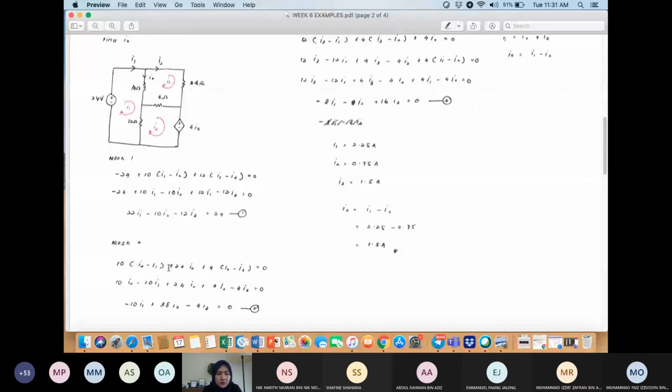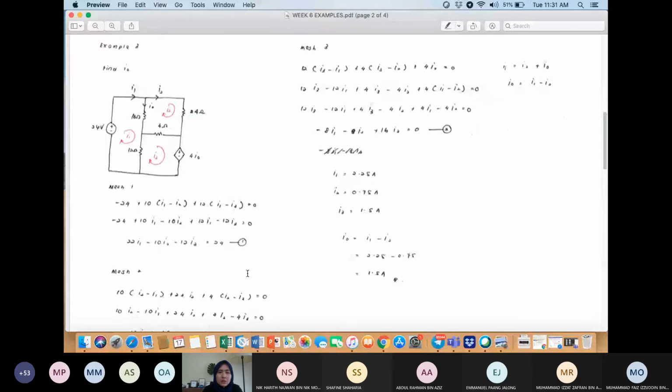Simplify the equation, you will get negative 10 I1 plus 38 I2 minus 4 I3 is equals to 0. So this is the second loop.